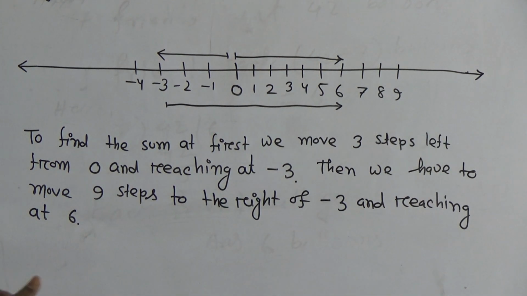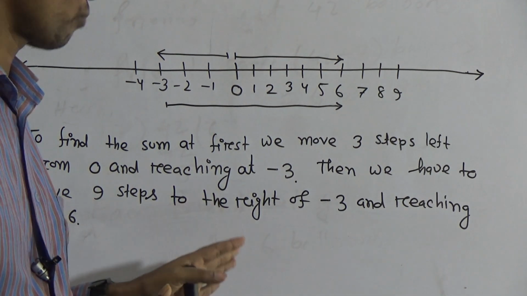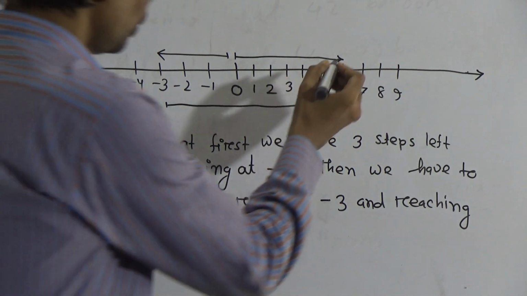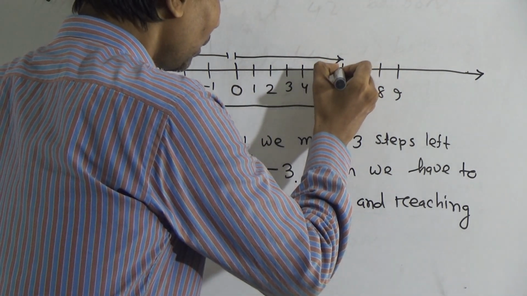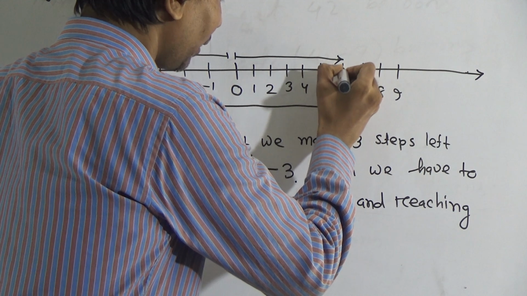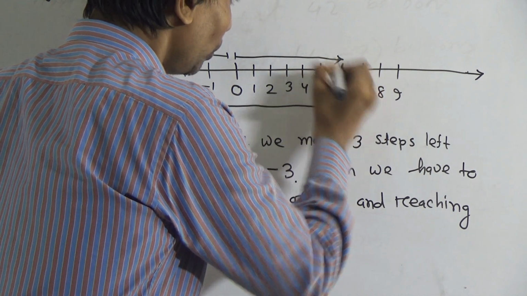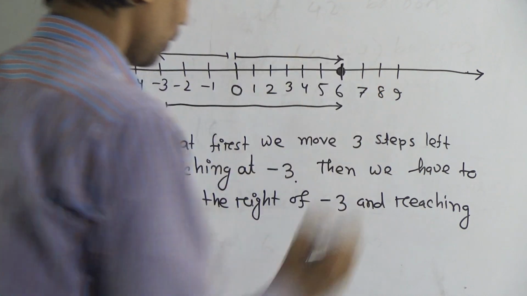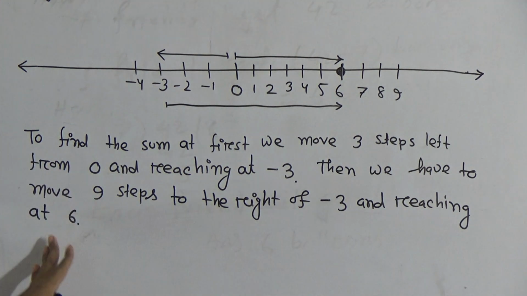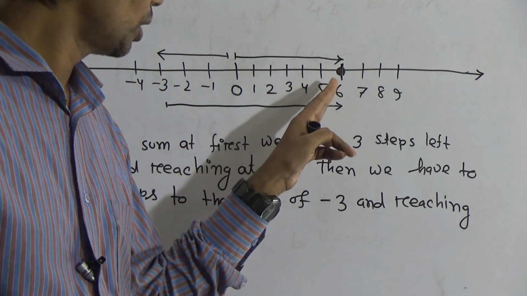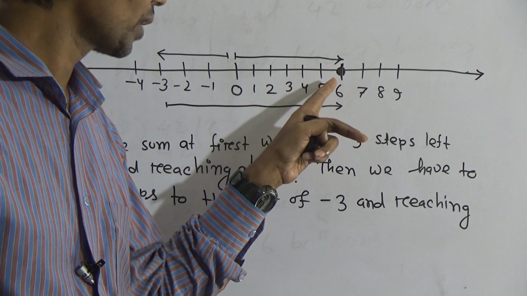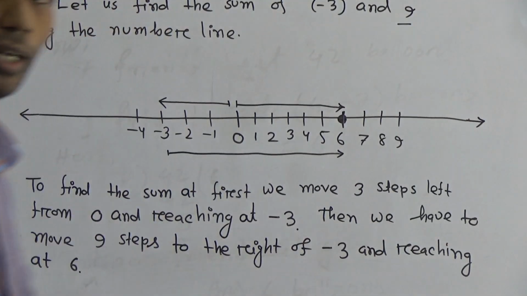That means this is the initial point. So you have to give a marking here. As we reached 6, you have to mark here. Mind it, this is very, very important.